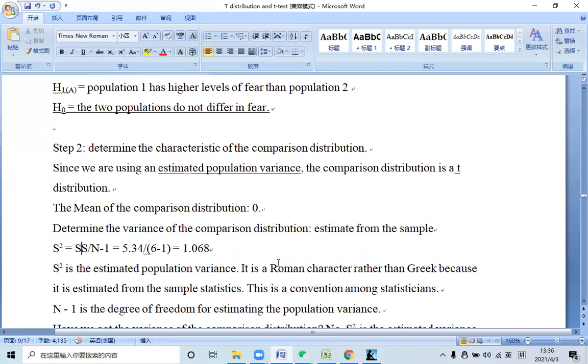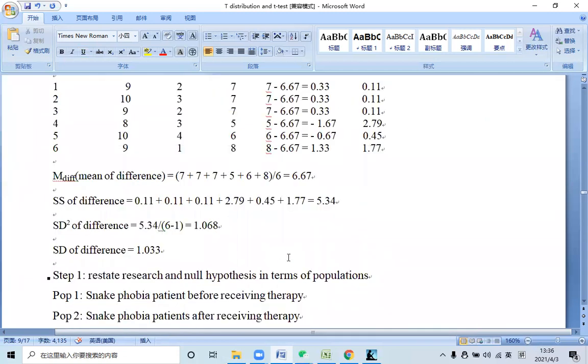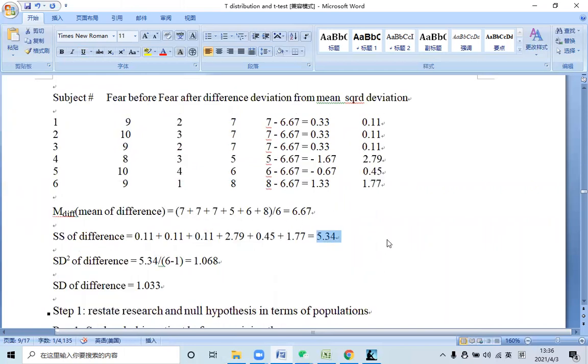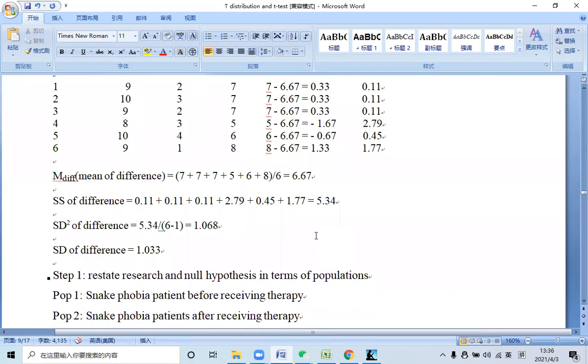Here, SS, the sum of squared deviation, is based on the difference score. All the differences squared, we add them up. We got 5.34. And we divide it by n minus 1. We get 1.068.